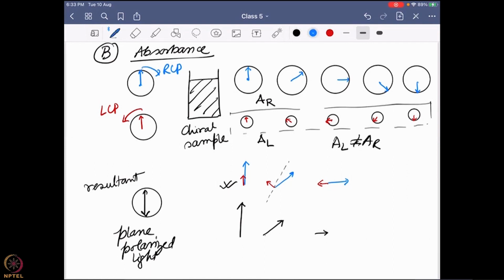Then comes this one, which is very similar to this case, where we are going to get the value over here.